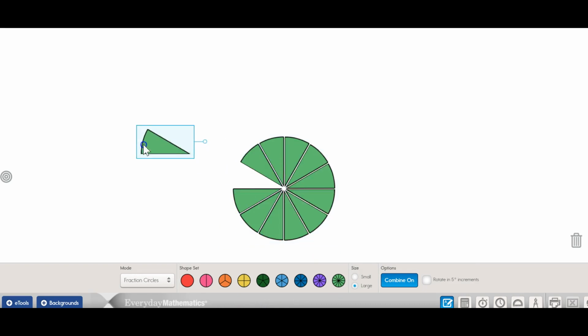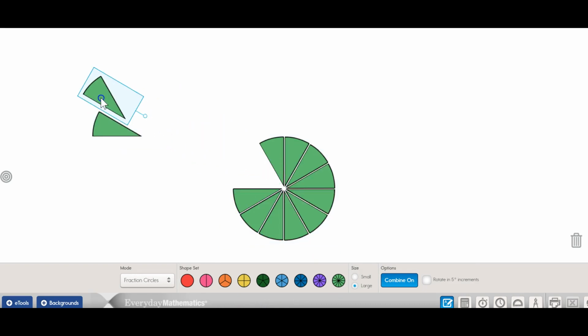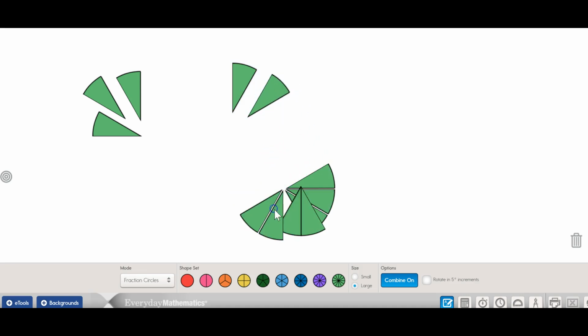Jenny finished 3/12 of the problems in school and 2/12 when she got home. And I'm going to get rid of my other pieces that I don't need. So the question is, what fraction of the problems has Jenny solved so far?